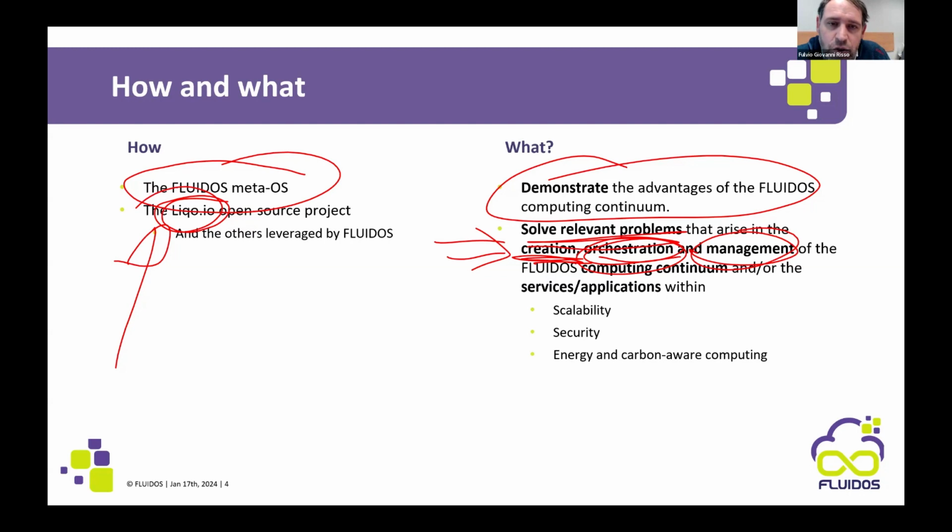So there should be a clear understanding of the FLUIDOS approach and a clear motivation why you are going to use and propose an existing technology and maybe extending it in some way in order to fit for the FLUIDOS objectives. So what is very important here is the FLUIDOS computing continuum, a unique idea that we have, and you have to fit there. I don't know if I answered your question, Benham.